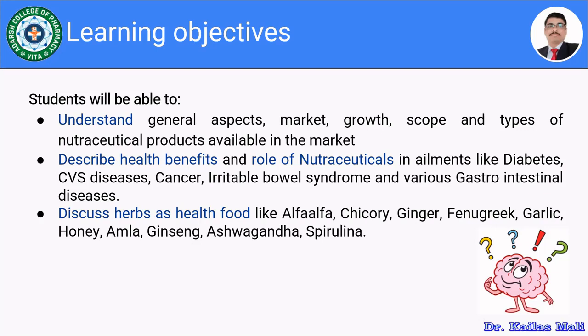Second: you will be able to describe health benefits and role of nutraceuticals in diabetes, cardiovascular diseases, cancer, irritable bowel syndrome, and various gastrointestinal diseases. Third: you will be able to discuss various herbs as a health food like alfalfa, chicory, ginger, fenugreek, garlic, honey, amla, ginseng, ashwagandha, and spirulina. These are the 3 objectives I have set for the topic nutraceutical.